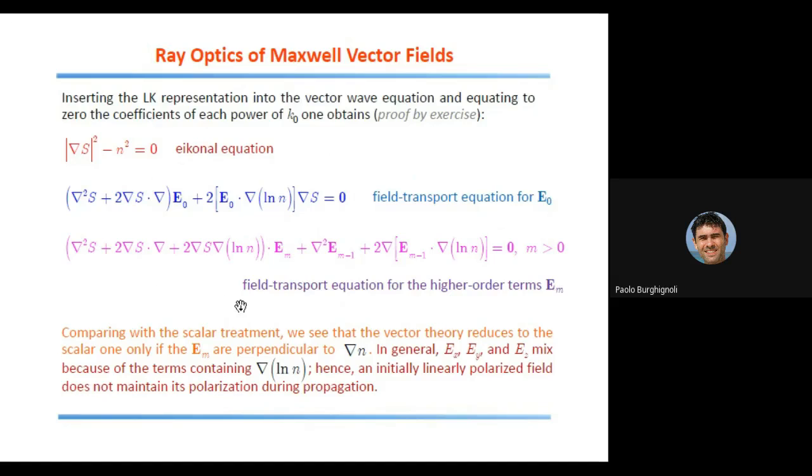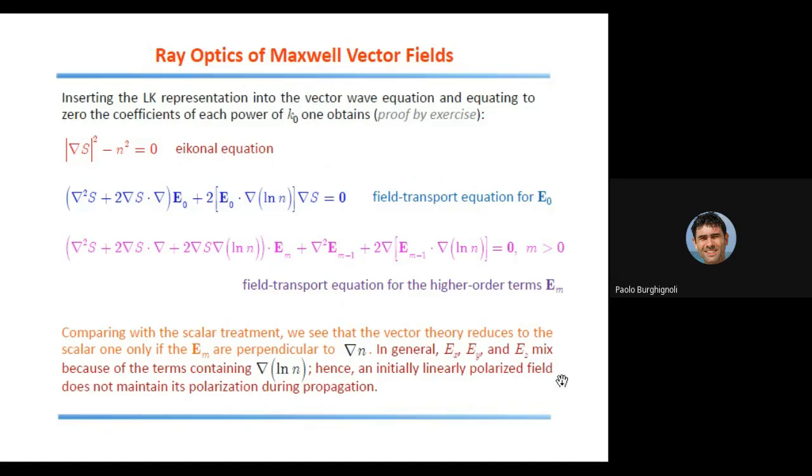For example, this happens when all the coefficients E_m are perpendicular to the gradient of the refractive index. So, for example, if you have a medium whose refractive index varies only in a given plane, and your electric field is perpendicular to that plane, then in that case you can still use the scalar approximation.